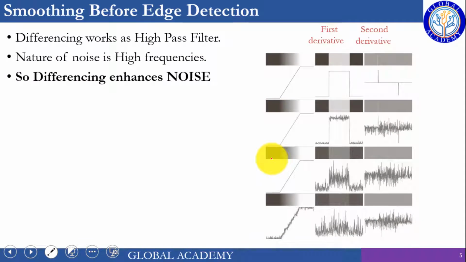Smoothing the image before edge detection gives promising results, because differencing works as a high pass filter and noise itself is a high frequency component. So differencing enhances the noise.